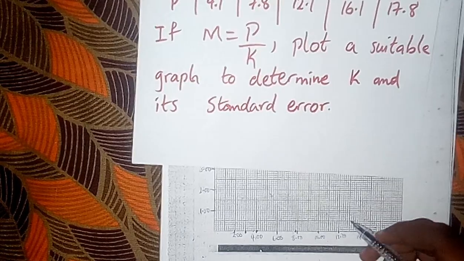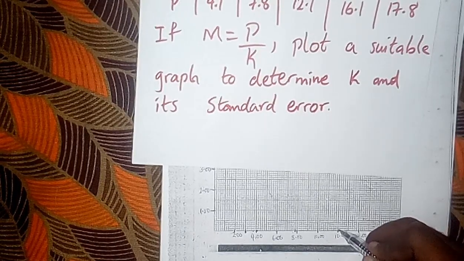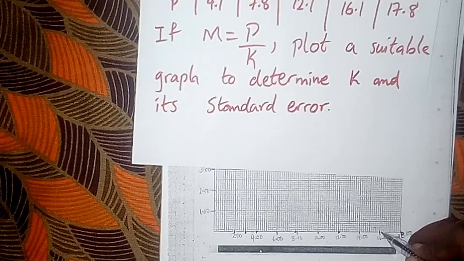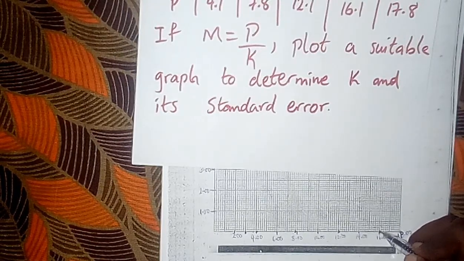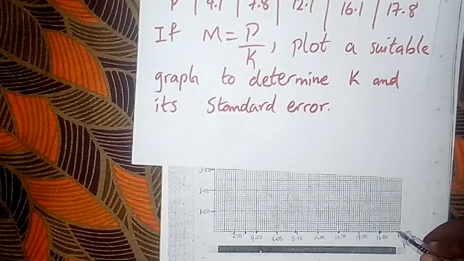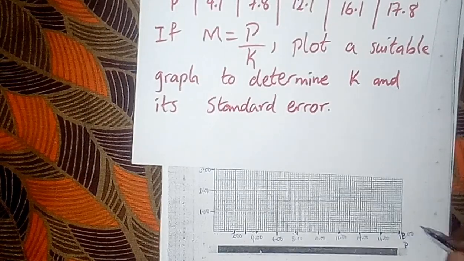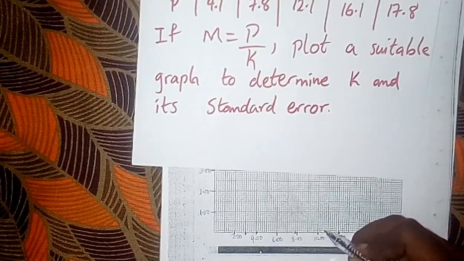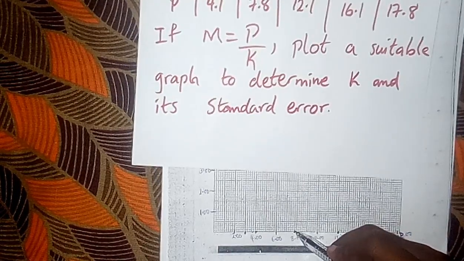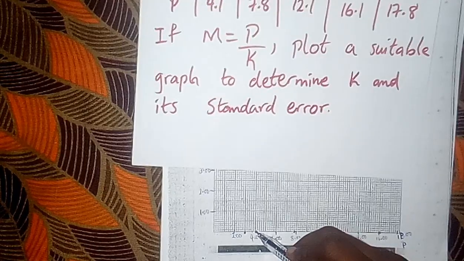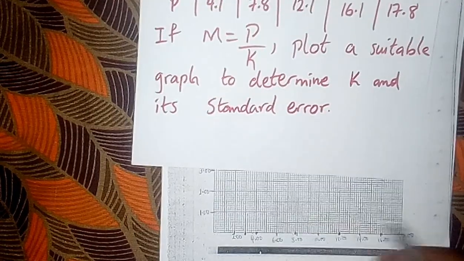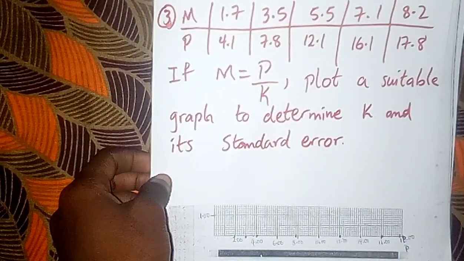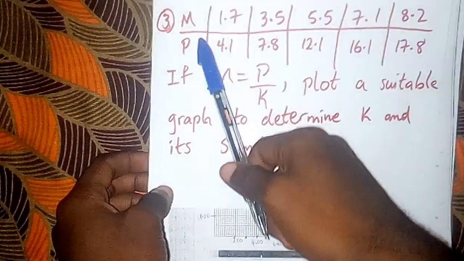Then 12.1, this is 12, 12.1. 16.1, this is 16, 16.1, and then 17.8. 16.1 is in between, 12.1 is in between, 7.8 is here, 4.1 is in between. Okay, that's it.